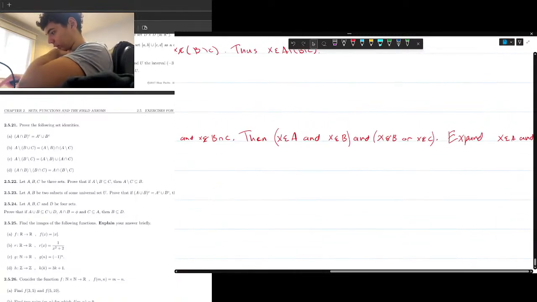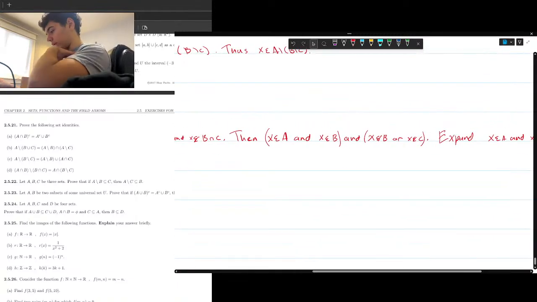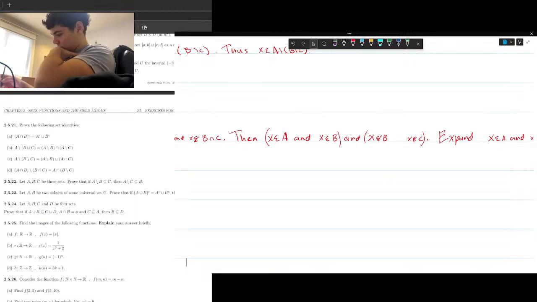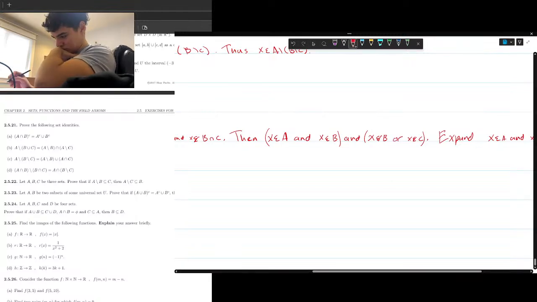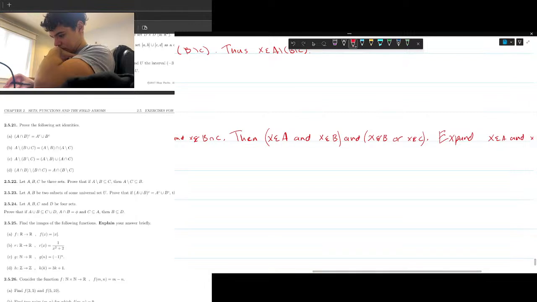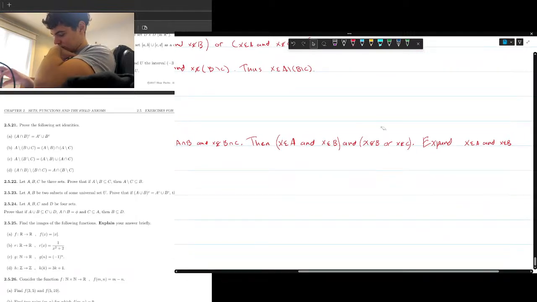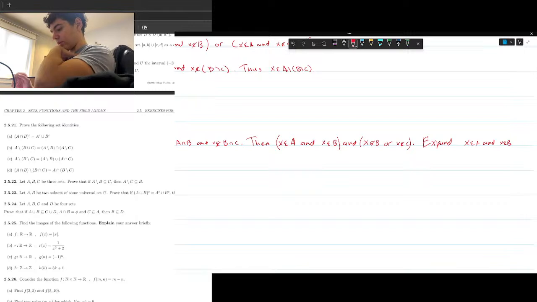So X is in A and X is in B, and X is not in B. Oh. Yeah, so that's true. X is not in B intersection C means X is not in B or X is not in C.